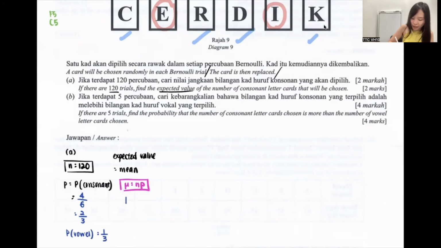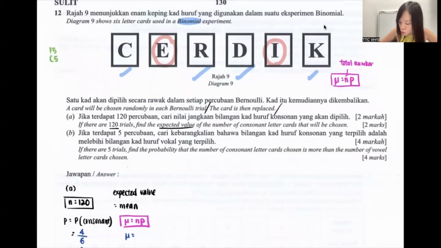So now they want to find the expected value, which is the mean. Expected value means averagely how many you have, which is the mean. Always remember that, guys. Mean equals NP. Remember, N is always the total number. So whenever you multiply the total number by the probability of a girl, you will get the number of girls.